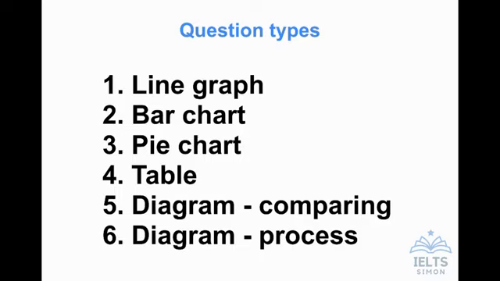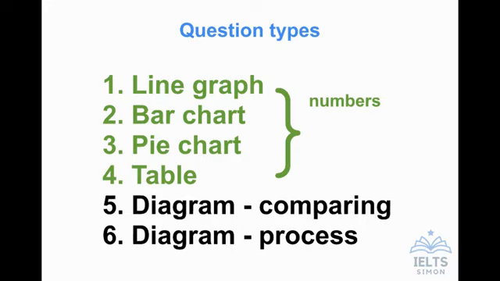Now, I always ask my students, what do numbers 1 to 4, line graph, bar chart, pie chart and table, have in common? I've highlighted those 4 in green because they're very similar. The answer is that they have one thing in common, which is that they all show numbers. When you're describing a line graph, bar chart, pie chart or table, you're just describing something that shows numbers.